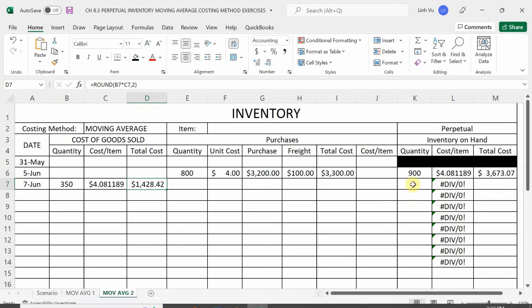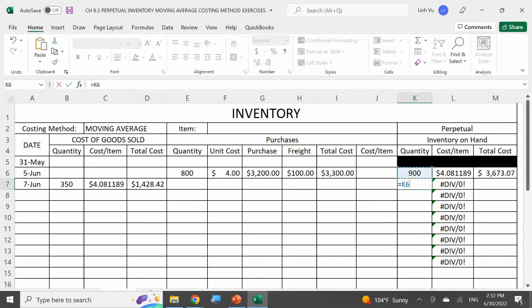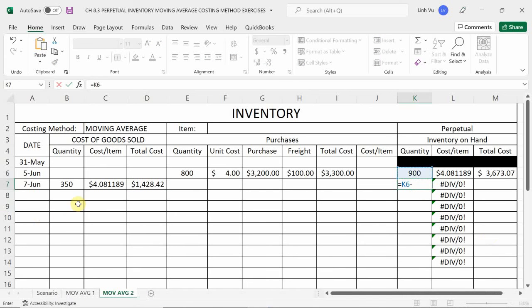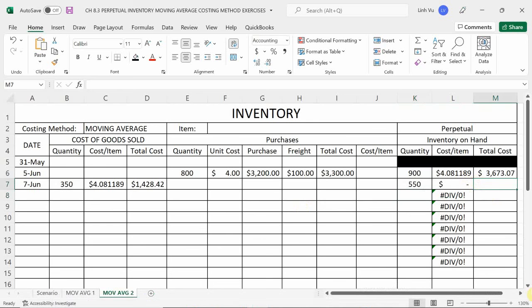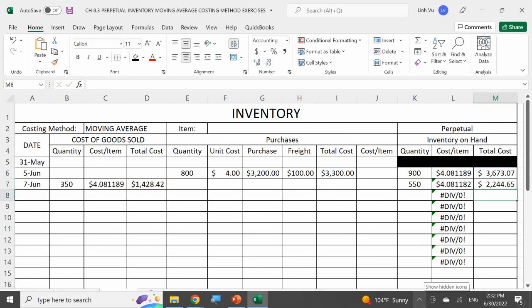So I'm going to subtract that number out from my inventory, because I had 900 units. I sold 350. So what's my new quantity? 550. New total cost? $3,244.65. Good. So then my average cost has dropped again by another 10,000th of a penny. Okay.